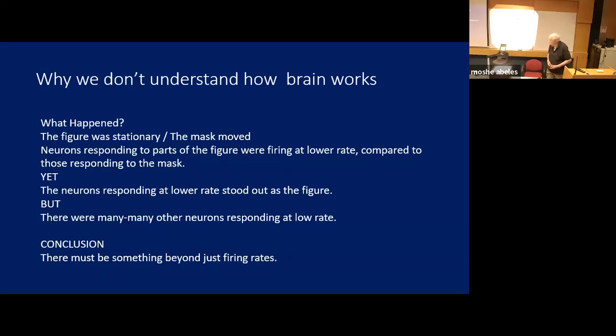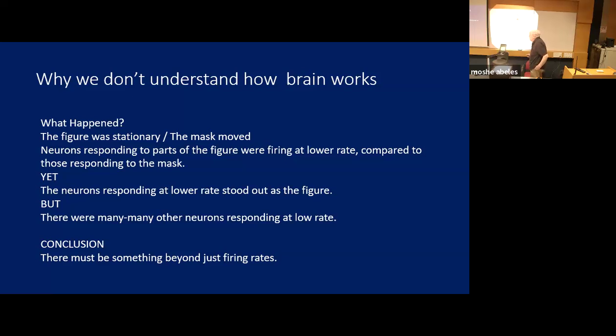That's for masking the view. So again, what happened? The figure was stationary, the mask moved, but it would be the same even if we reversed it. The mask was stationary and the figure moved. Neurons responding to parts in the figure were firing at lower rate compared to those responding to the mask.